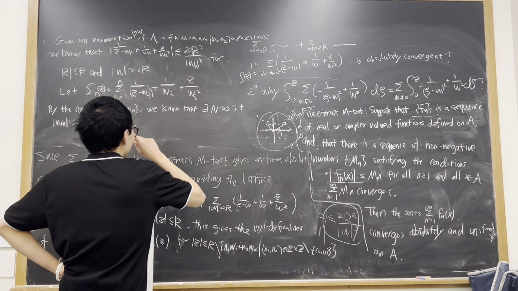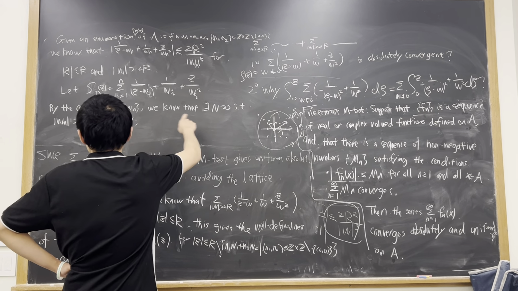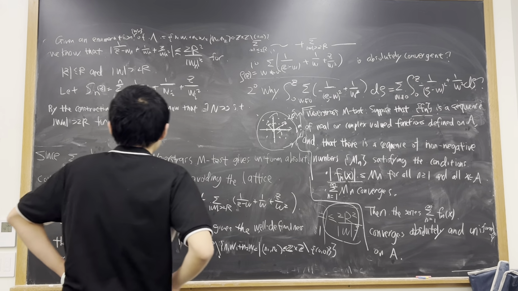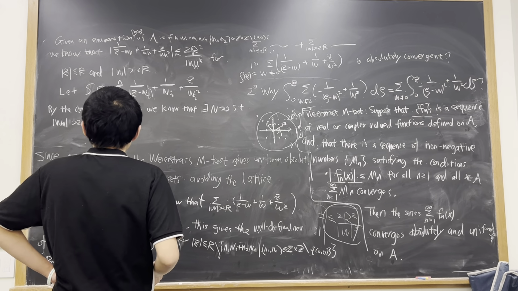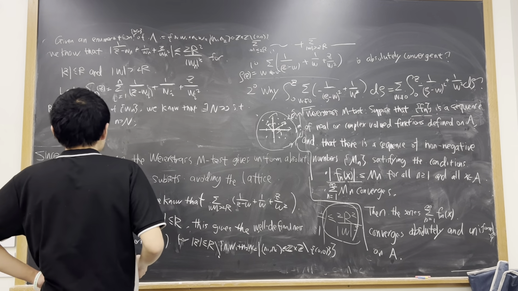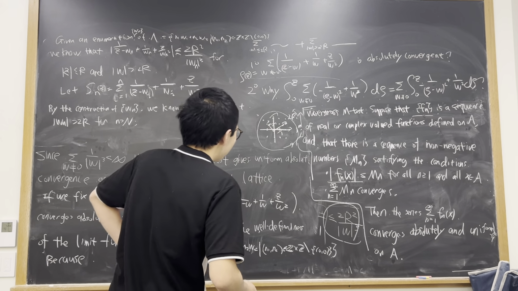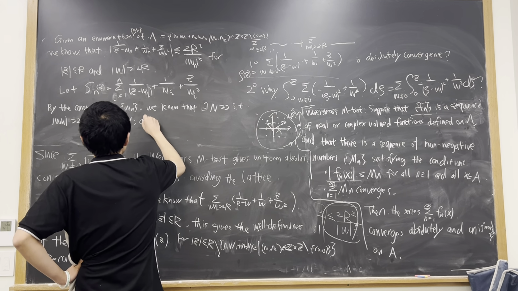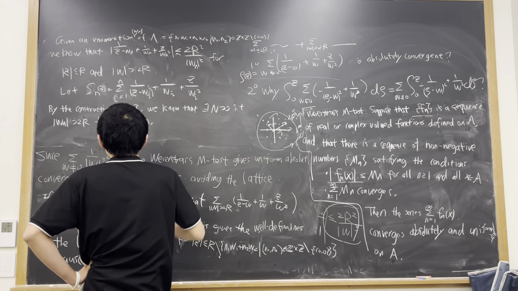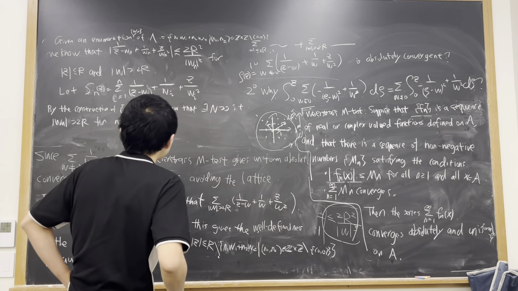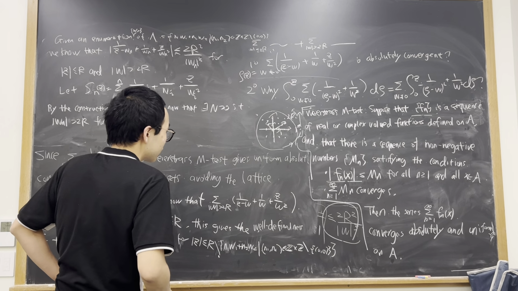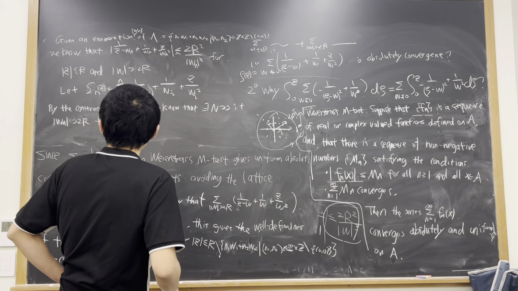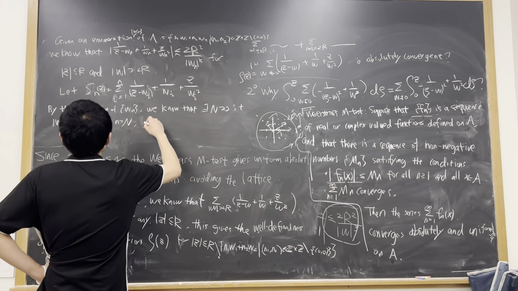So we know that there is an N such that omega n is bigger than 2r for n bigger than N, and also, so also we know that, sorry.